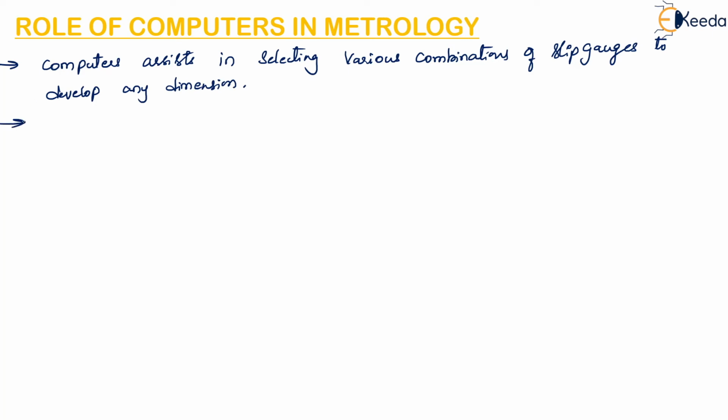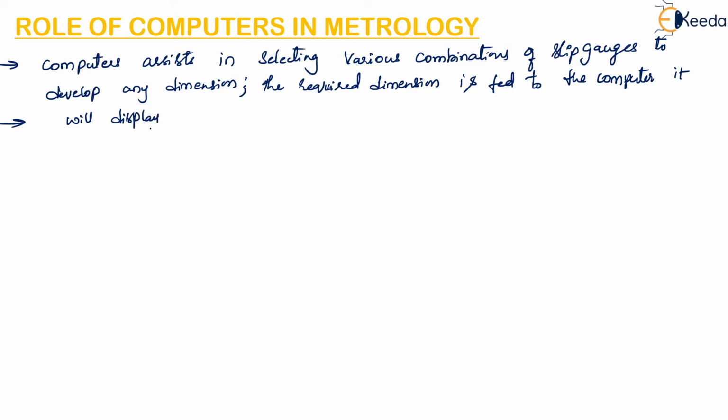How is it done? The required dimension is fed to the computer and it will display the various combinations of slip gauges required.